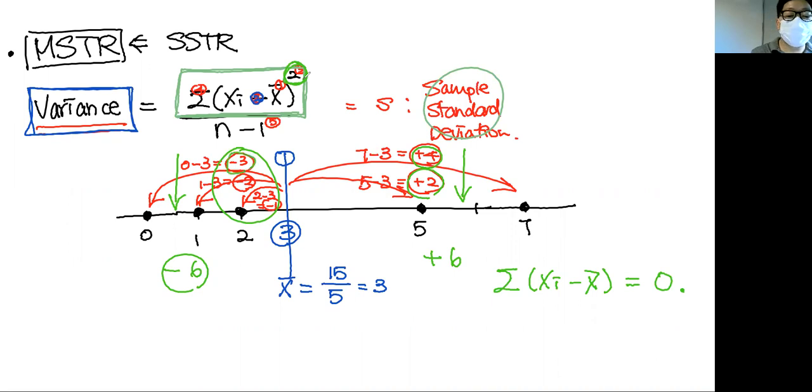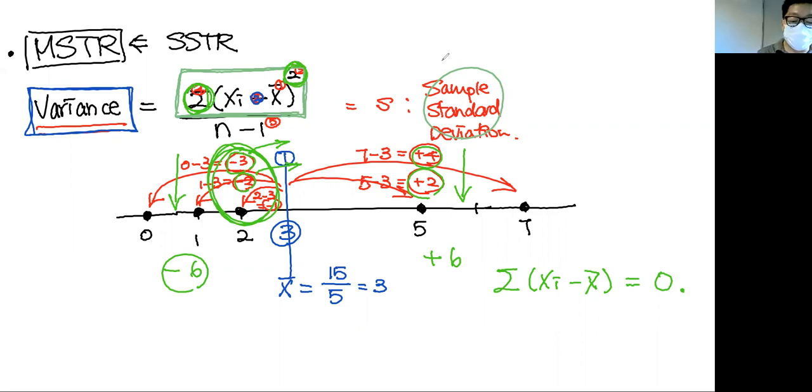Because the negative 3 we have to make positive, negative 2 we have to make positive again. All negative differences we have to make positive, because later in step 4 we have to take the sum. So in the next step we take the square.